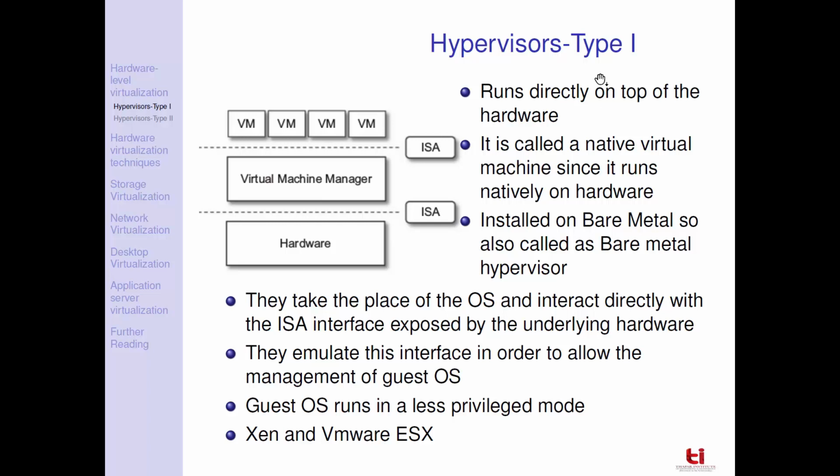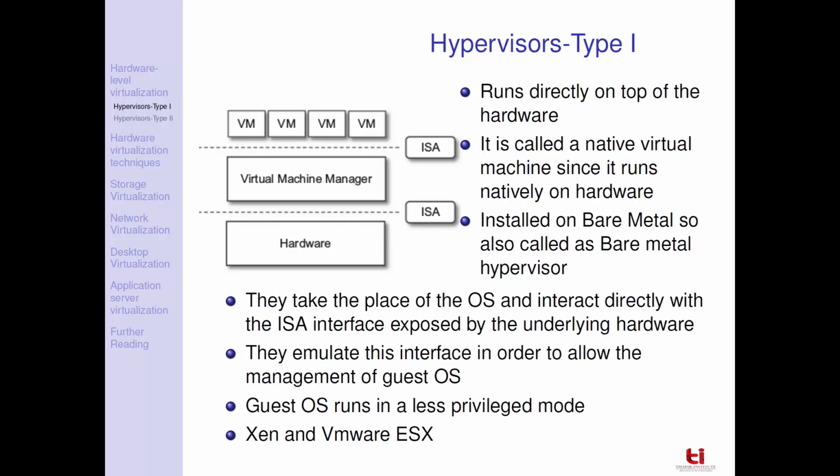So let us see this. Hypervisor type 1 runs directly on top of the hardware. It is called as native virtual machine since it runs natively on hardware. So it is also called as bare metal hypervisor because it is installed directly on the bare metal, that is the hardware. So basically hypervisor type 1 is installed directly on the hardware.